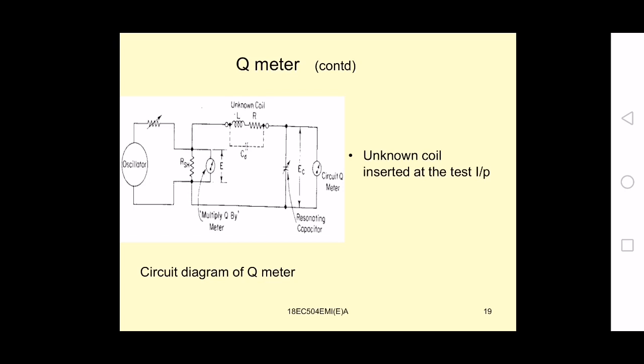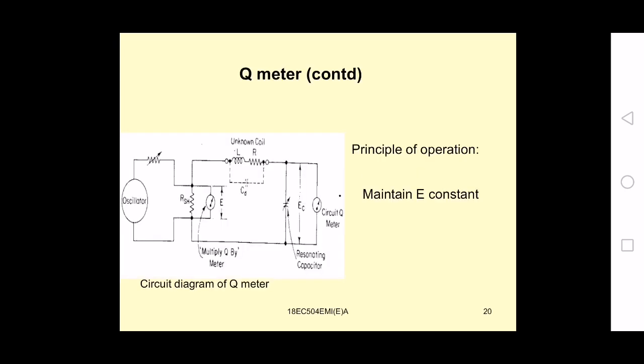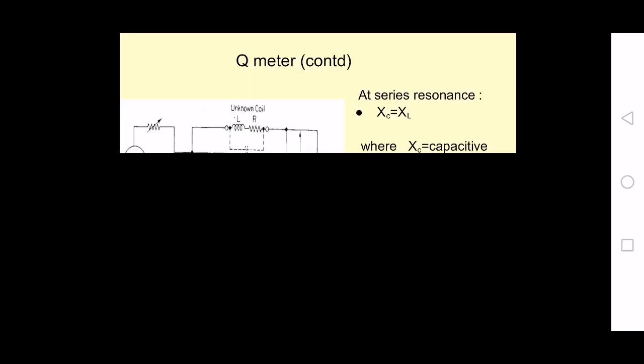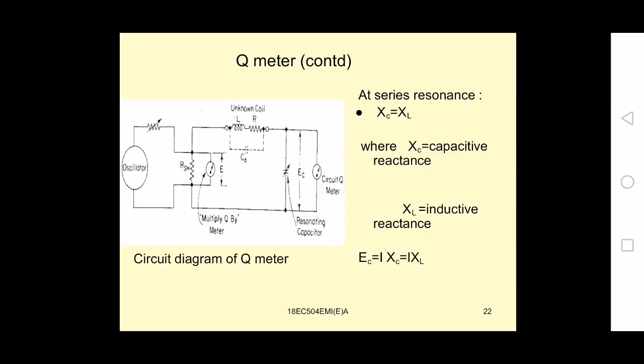You can bring this circuit to resonance by varying either the oscillator frequency or the resonating capacitor, maintaining E constant. For series resonance you will have XC equal to XL, capacitive reactance equal to inductive reactance.